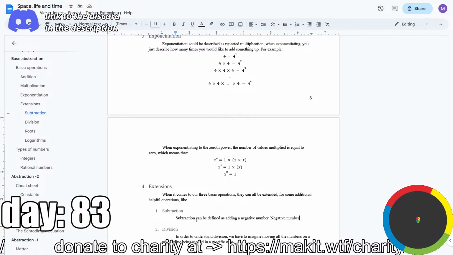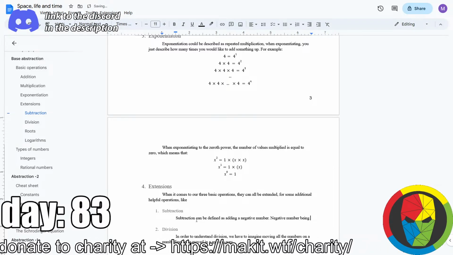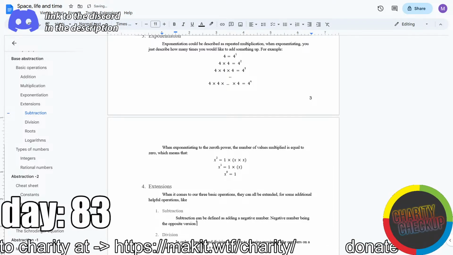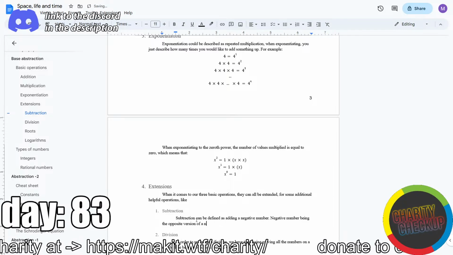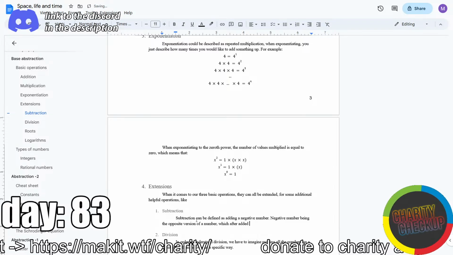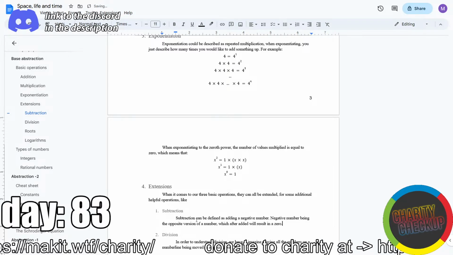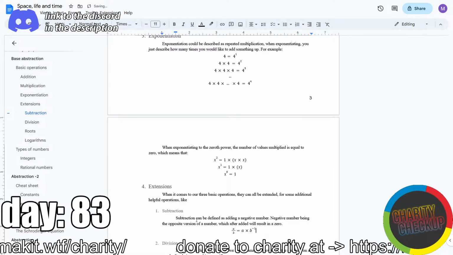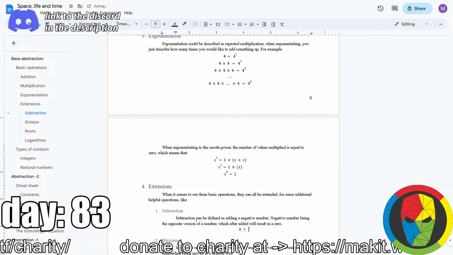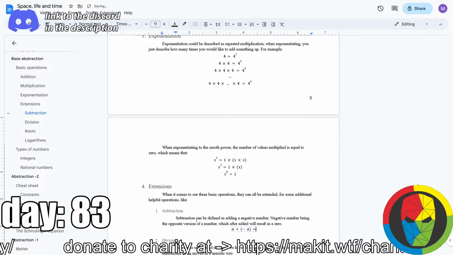Just assume that's true. A negative number being the opposite version of a number, which after added will result in a 0, so a plus minus a is equal to 0.